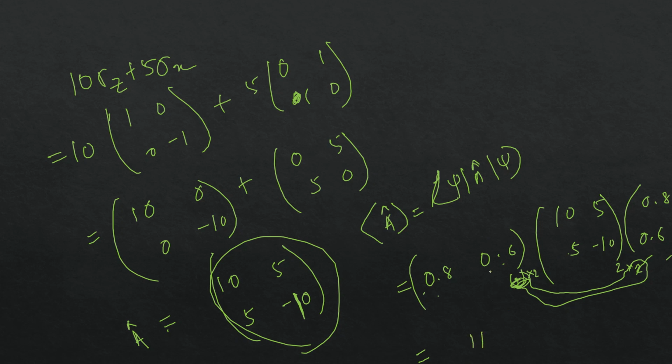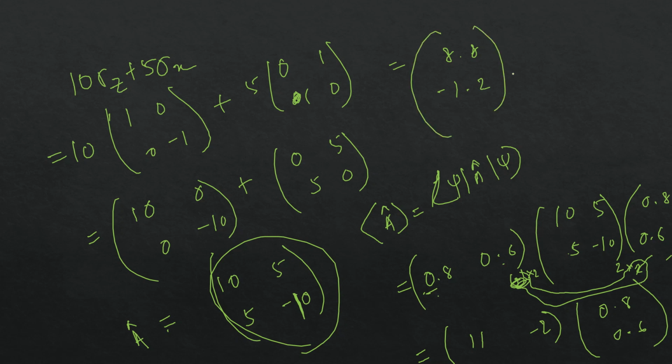Now 0.8 into 5 is 4, and 0.6 into minus 10 is minus 6, so 4 minus 6 is minus 2. Did you get it? Now again, 11 into 0.8 is 8.8, and minus 2 into 0.6 is minus 1.2.